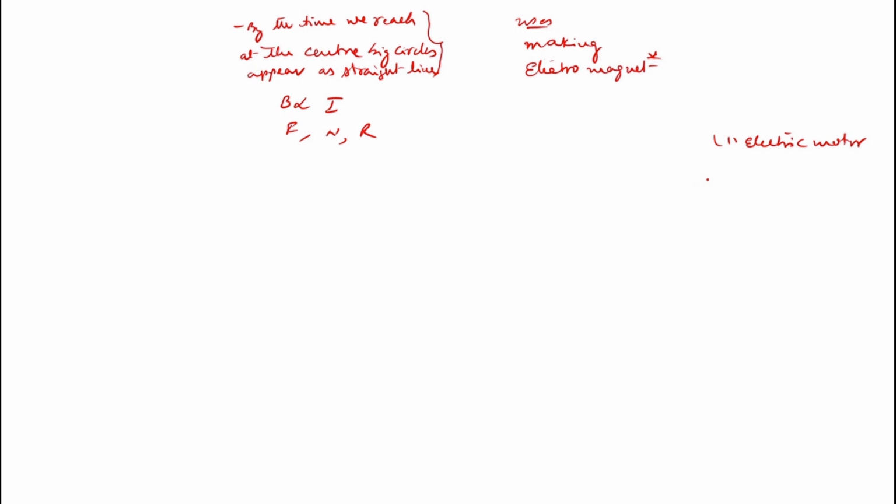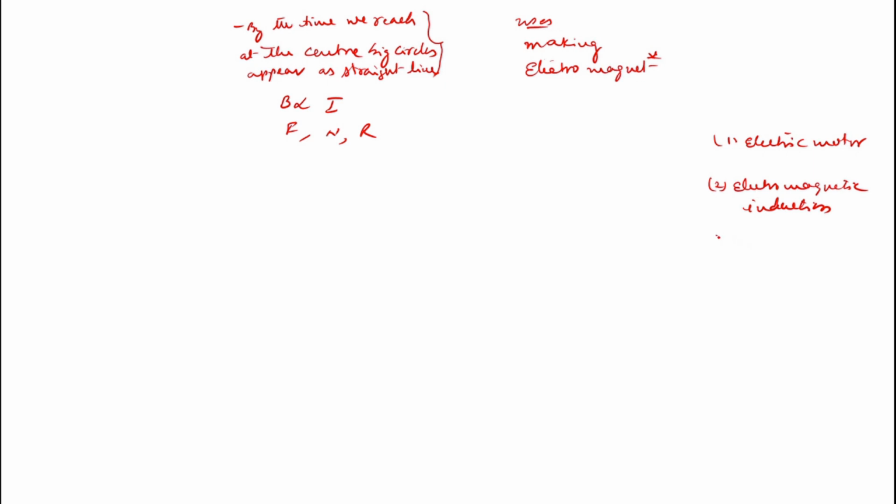And second, electromagnetic induction. That means a changing magnetic field in a conductor induces a current in another conductor. That one application we will discuss in coming sections.